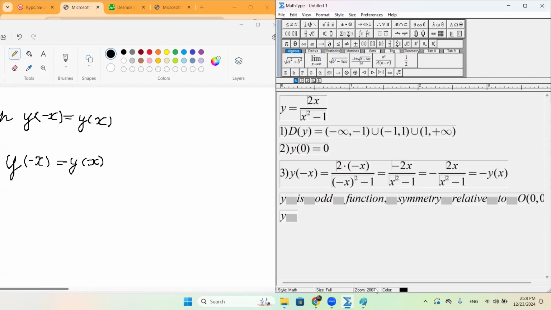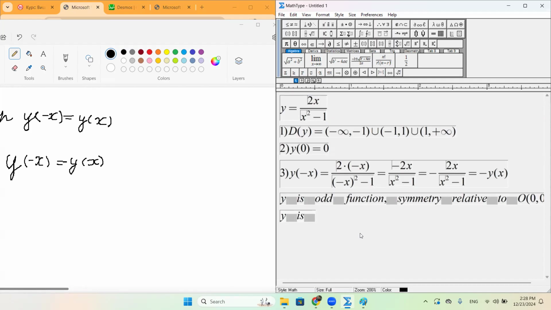Well, the function is not periodical. We can understand it from the expression of the function. So, what does periodical mean? That function values are repeating with some period. Which functions are periodical? Trigonometric functions, and some expressions that contain trigonometric functions, can be periodical.